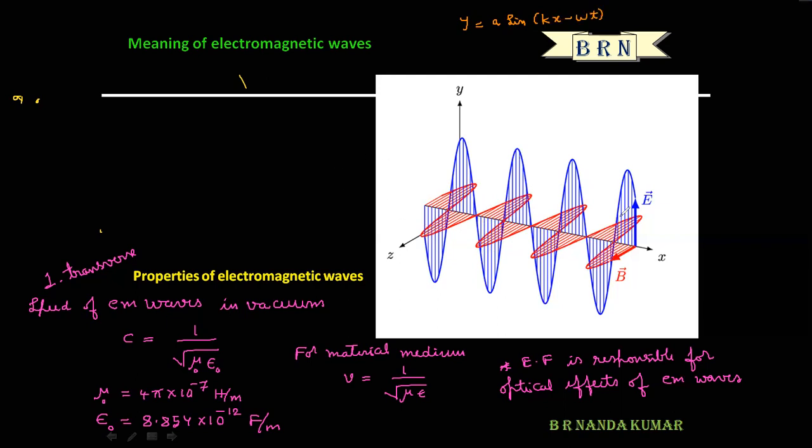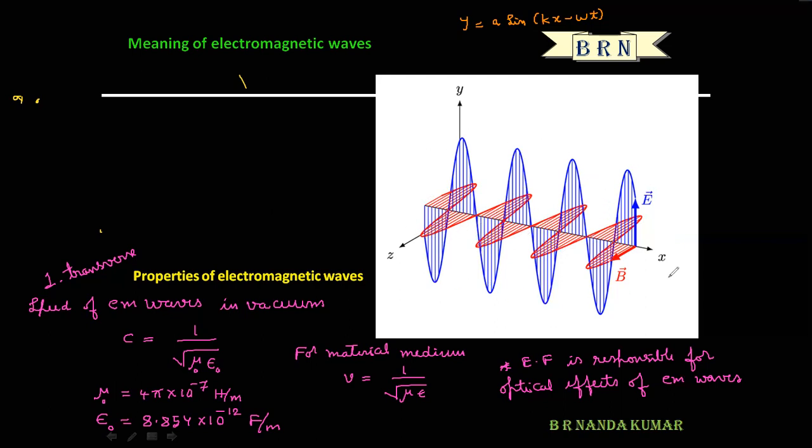Okay, so here for the mathematical expression for electric field: the electric field varies along the y-axis, the magnetic field varies along the z-axis, and the wave propagates along the x-axis, right?